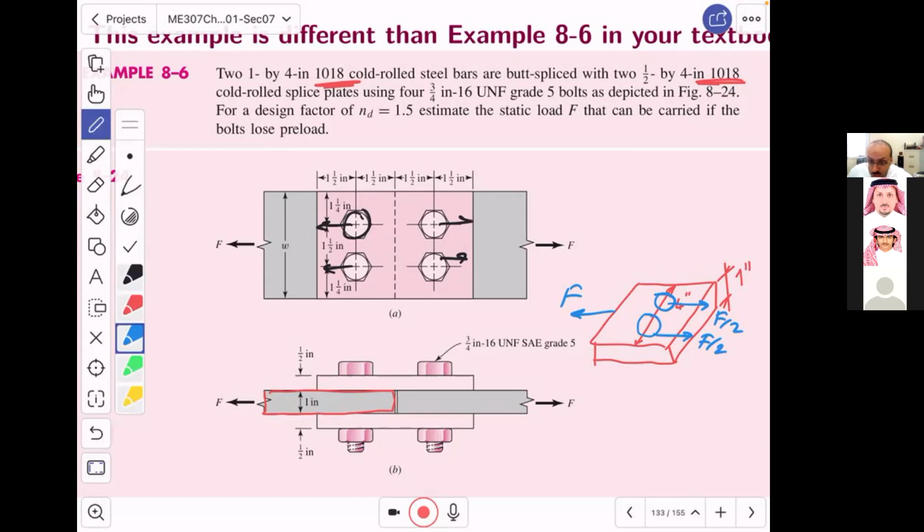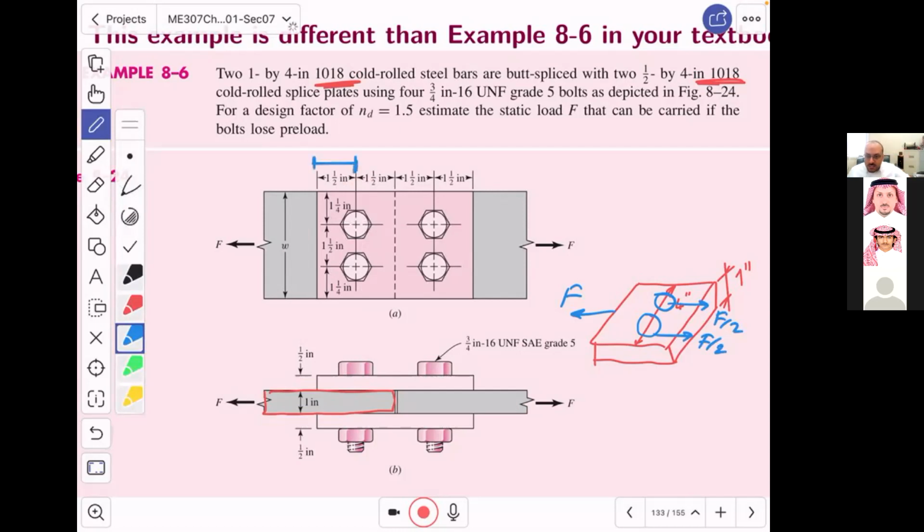Now, what do you need to look for is this. Maybe I'm not gonna erase this. I'm gonna show you just something very important. What you need to think about this distance. This is how much?